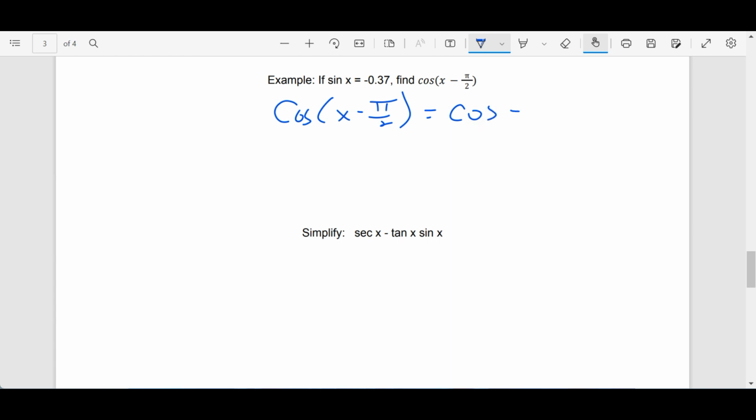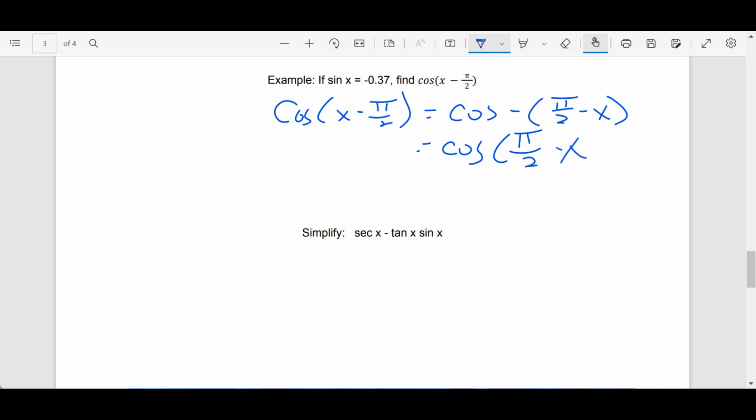So I'm going to flip the sign, making it the negative of pi over 2 minus x. Now, as your rule states about cosine of a negative value, if your theta is negative, it's going to stay the same. So it's not going to change when we flip it. So it'd be cosine of pi over 2 minus x.